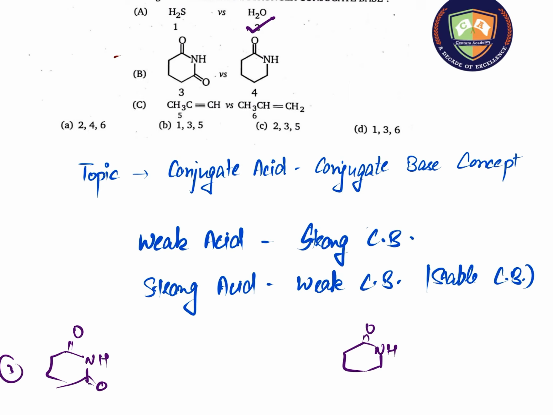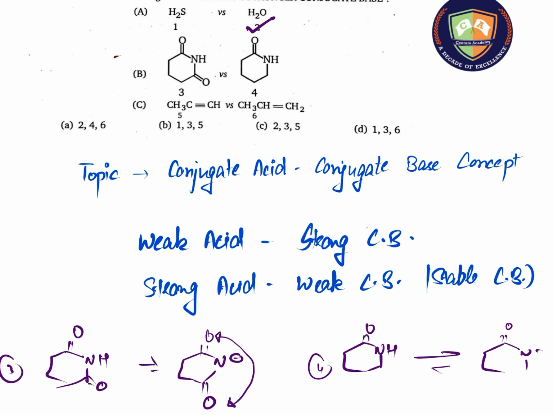If we make the conjugate base of the third structure, it would come out like this, having negative charge on oxygen, which will be dispersed by two electronegative oxygens and evenly spread out. But in the case of the fourth structure, this negative charge would spread only over this much area. That's why the third structure has a stable conjugate base.